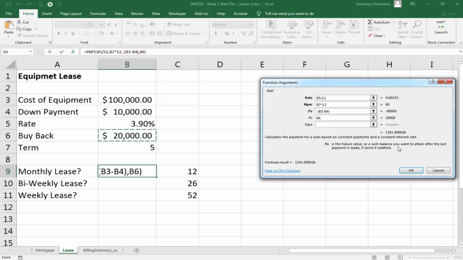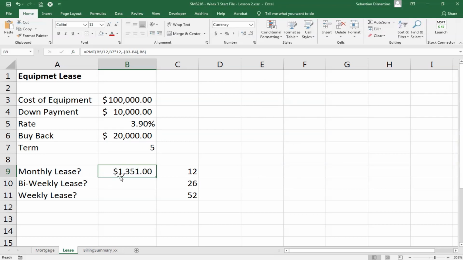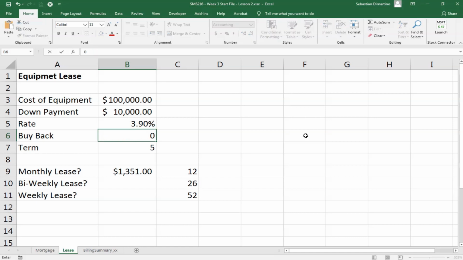So let's take a look. When I click OK, we'll get our monthly lease amount of $1,351. If I took this buyback out and it didn't exist, and I put a 0 there, you'll notice your payment increases substantially because there's no future value to the equipment.